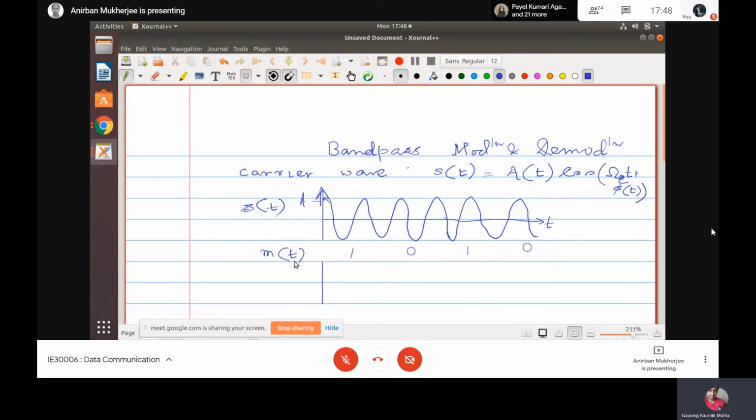Now I would like to transmit this signal by modulating the amplitude, which is what we call amplitude shift. 1 means there is no change of amplitude. Rather, I am writing m(t) into A, so I design some S prime (t) which is m(t) into A cos omega c t. When it is 1, I don't have any problem.